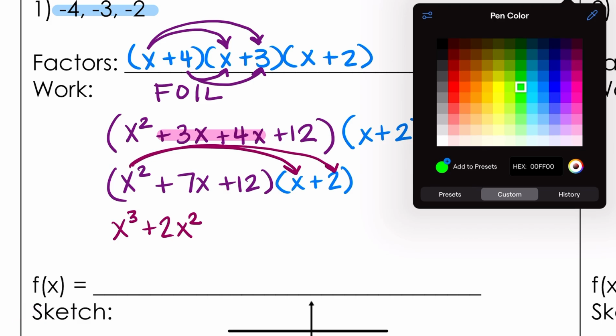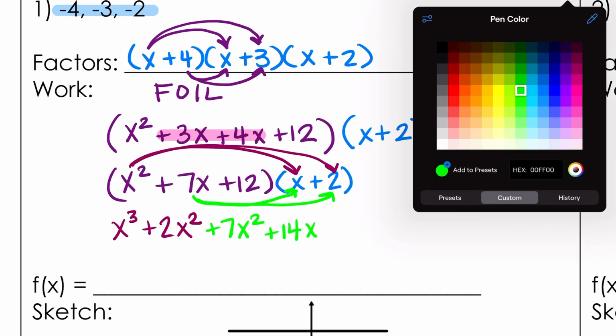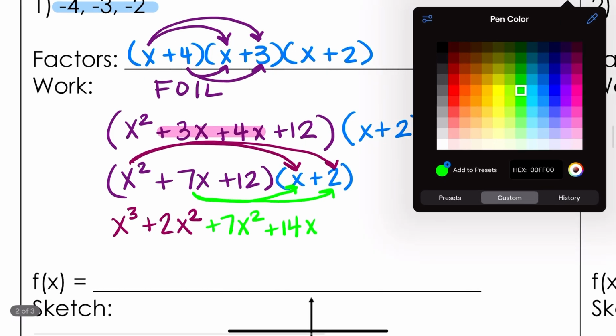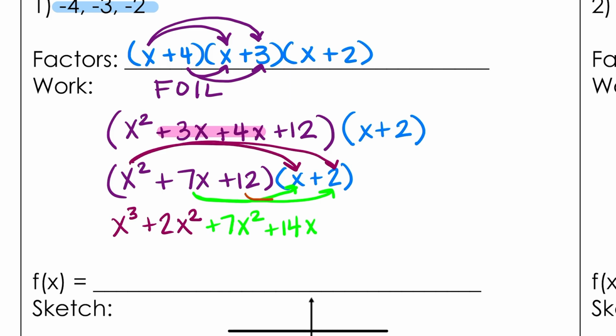We're going to be multiplying the 7x with x, so that's 7x squared, and then 7x times 2 is 14x. And lastly, we're going to multiply 12 times x, 12x, and 12 times 2 is 24.